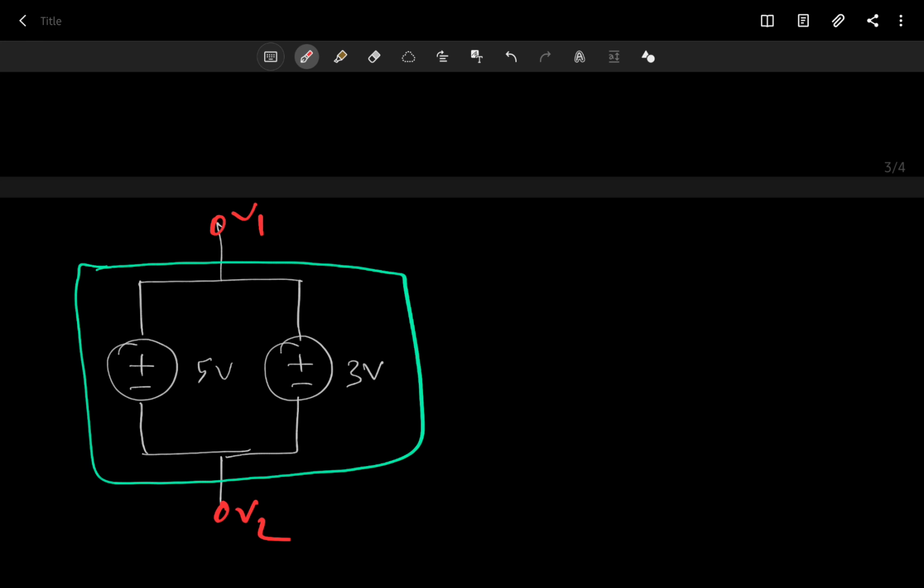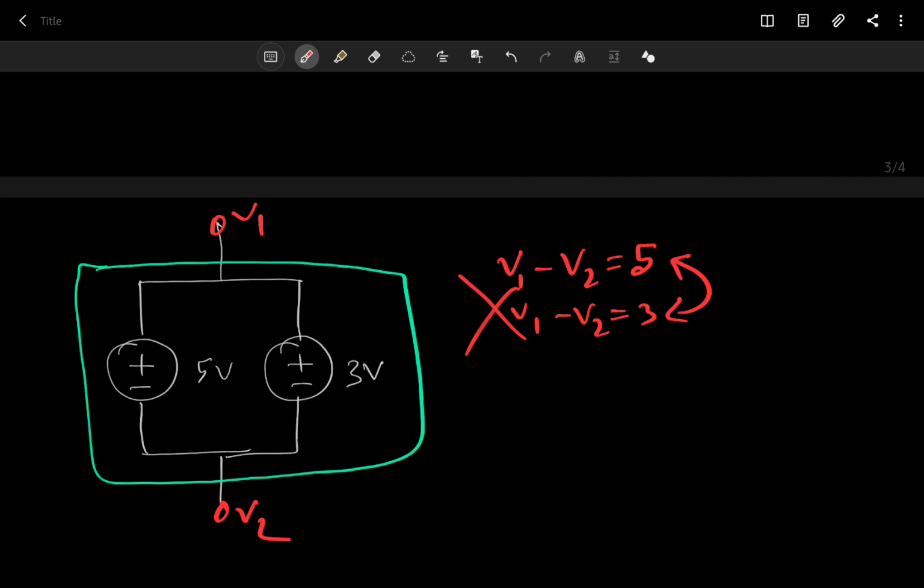That is because if you look at the 5 volt voltage source, you can say that V1 minus V2 equals 5. And if you look at the 3 volt voltage source, you can say V1 minus V2 must be 3. So which one is it? Is V1 minus V2 equal to 5 or is it equal to 3? So there is a conflict here. So we can never connect 2 voltage sources in parallel.